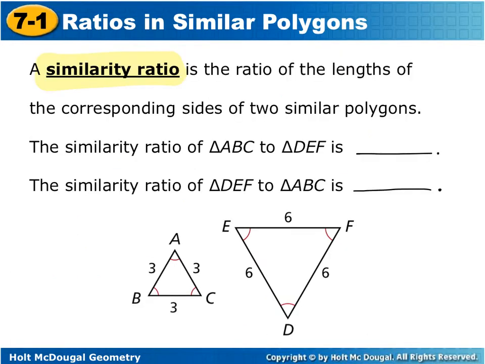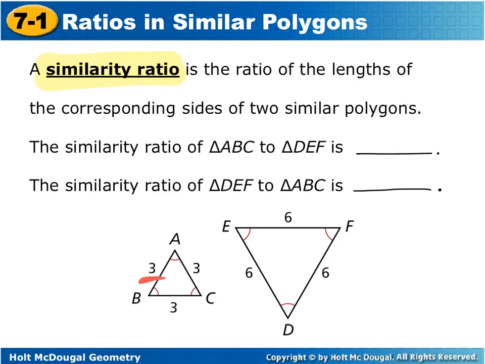Next we have a similarity ratio, which is the ratio of the lengths of the corresponding sides of two similar polygons. The similarity ratio of ABC to DEF: we need to find the ratio of this triangle to this one. We just take one leg.